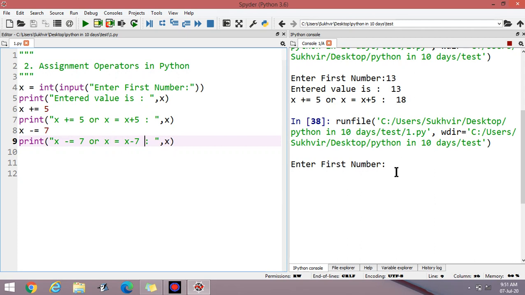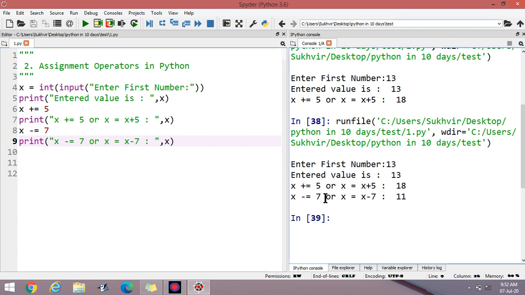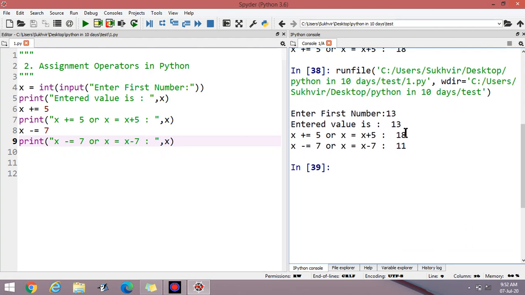Now print the value. Suppose I write 13 here. It means first the value is 13 plus 5, that is 18, and next time 18 minus 7, the value is 11, because x is 18 now and 18 minus 7 is 11.